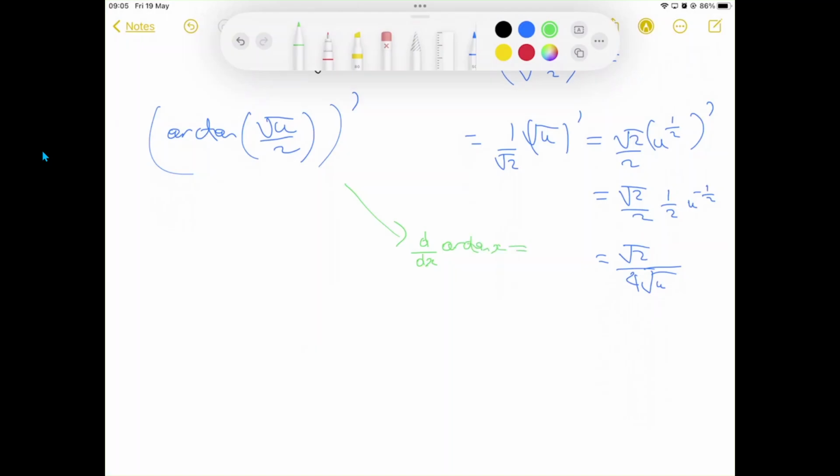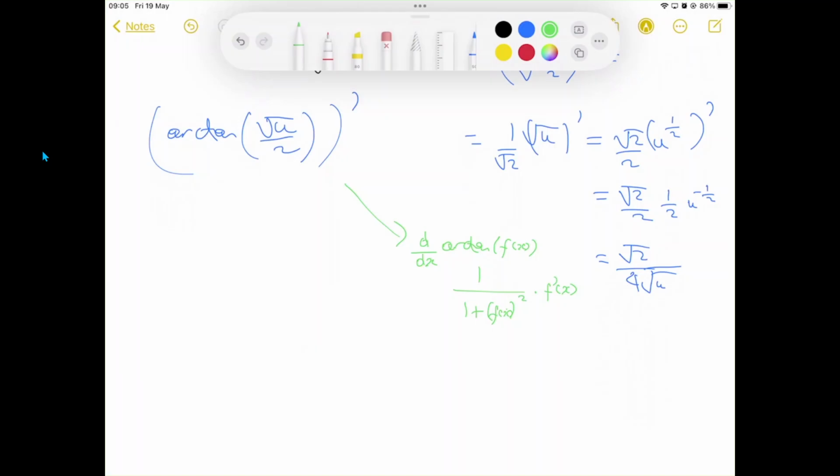If you differentiate arctan of x, you get 1 over 1 plus the input x squared multiplied by the derivative of x, which is 1. So actually, in fact, I have a better idea. To make it as general as possible, let's replace x with f of x. So the derivative of arctan of some function of x is 1 over 1 plus that function of x squared, multiplied by the derivative of that function, or basically the derivative of the argument of the arctan.